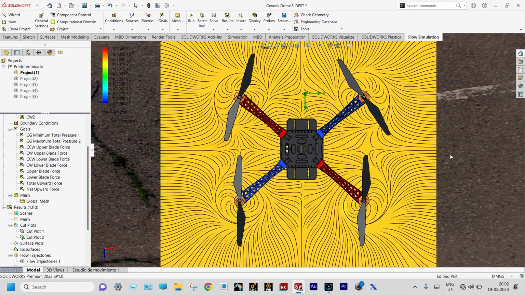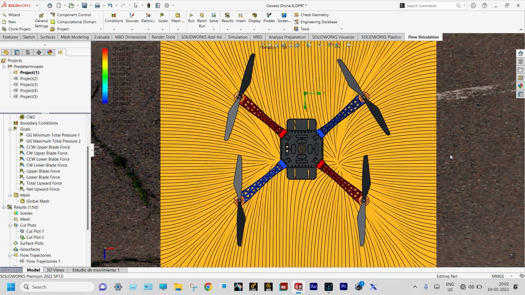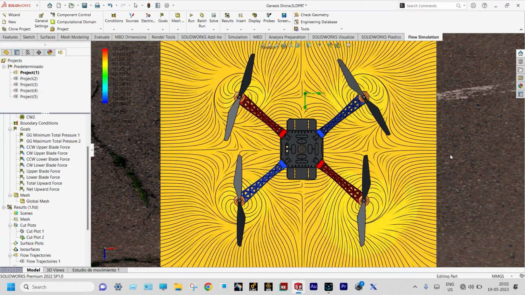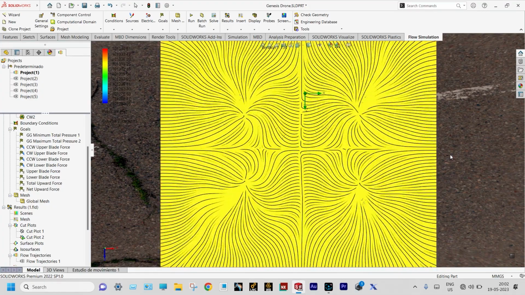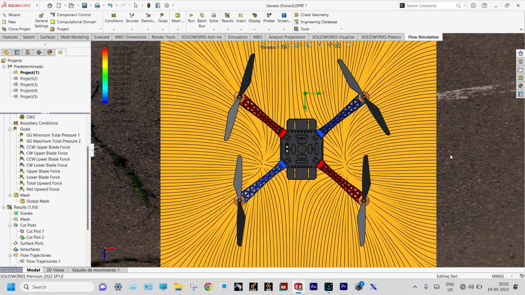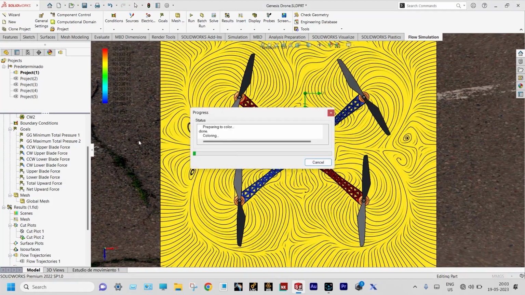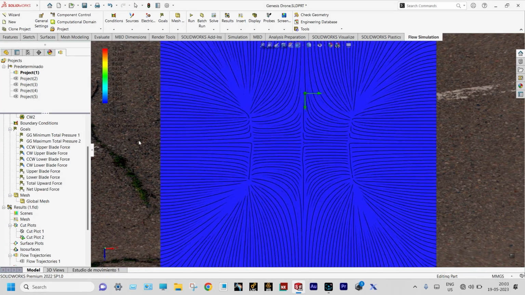You can see here some vortex motion is created at the centers of these different rotors or propellers. Now we can change this pattern. Instead of pressure, you can see velocity also. Let us change it from pressure to velocity. So this is velocity distribution from top plane.